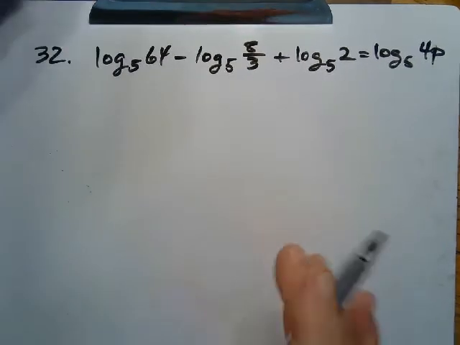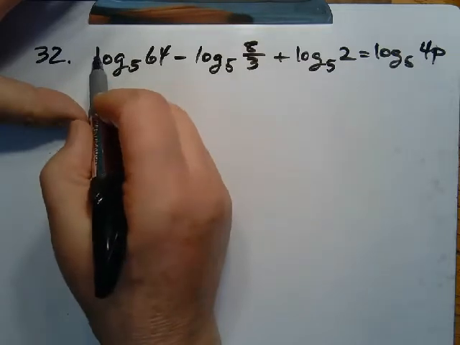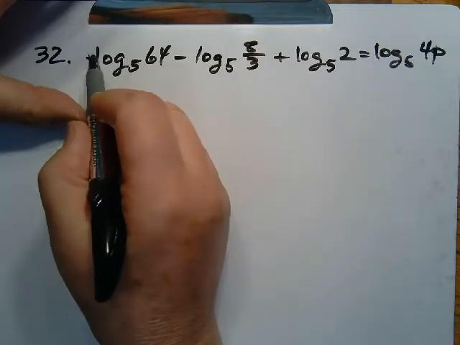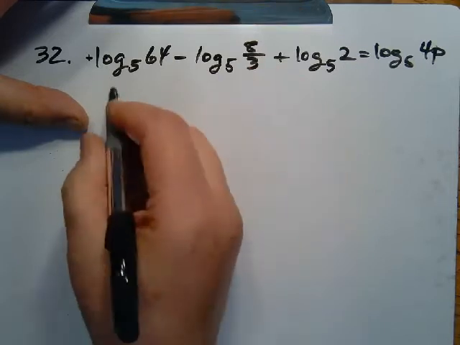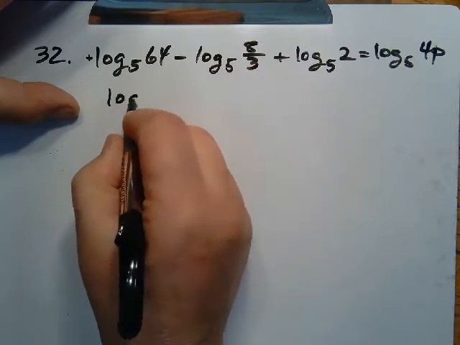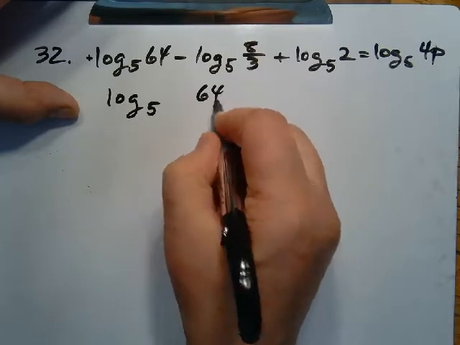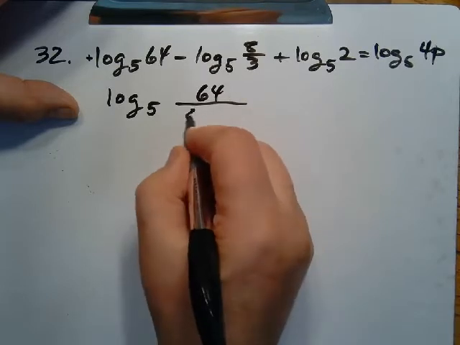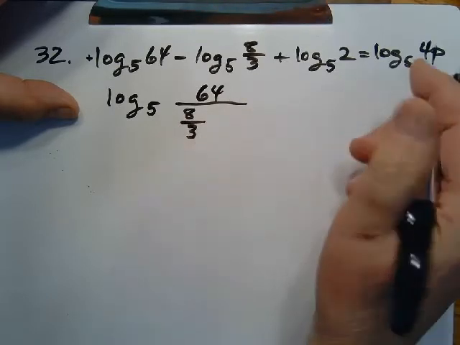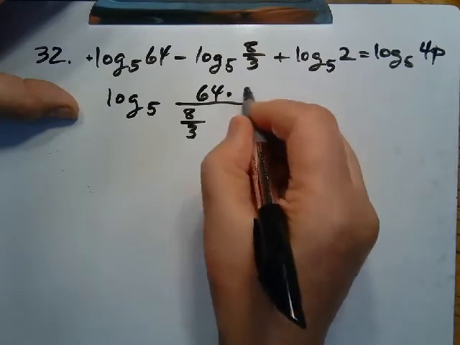If a log is positive, it becomes a numerator, and if it's negative, it's in the denominator. So I'm going to rewrite this as log base 5 of 64 is going to go on the top. Negative, so 8/3 will go on the bottom. And positive here, so 2 has to go as a multiply.